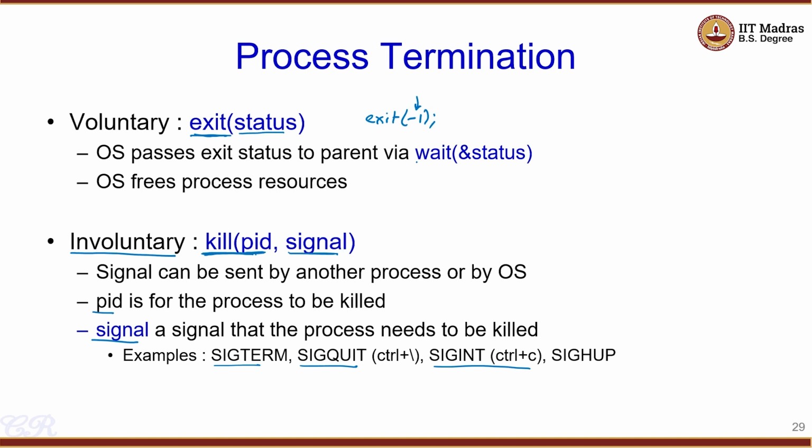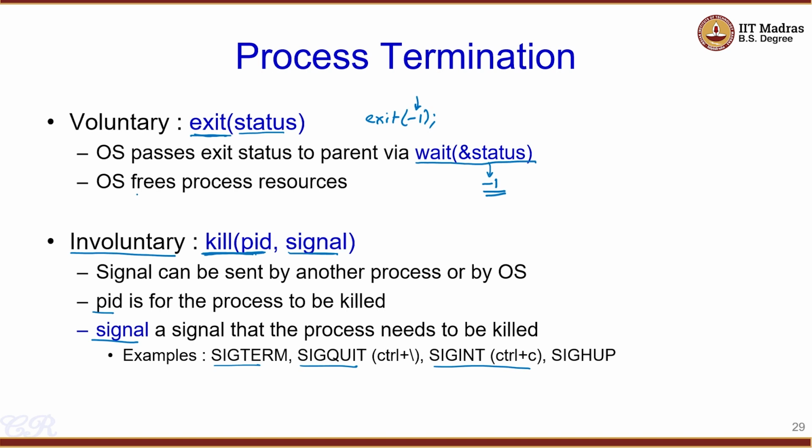If the parent, for instance, invokes the wait with an ampersand status, then the parent would go into the sleeping state and wake up when the child process exits. The value of status in this particular example would be -1, which is essentially the exit status of the child process, right.